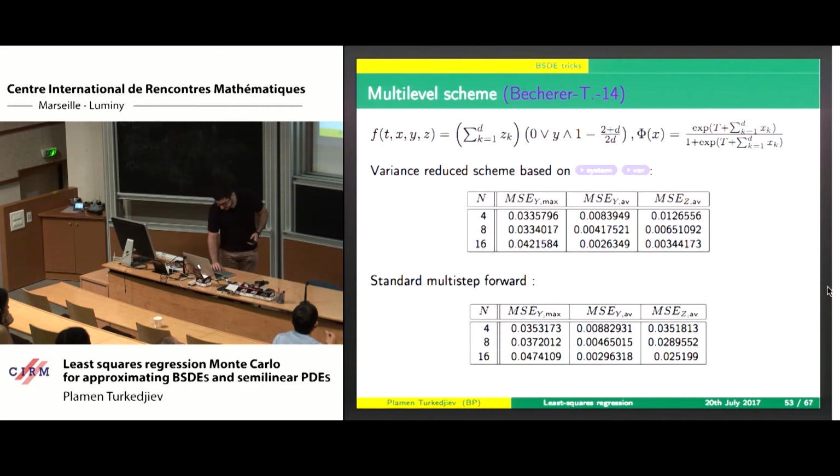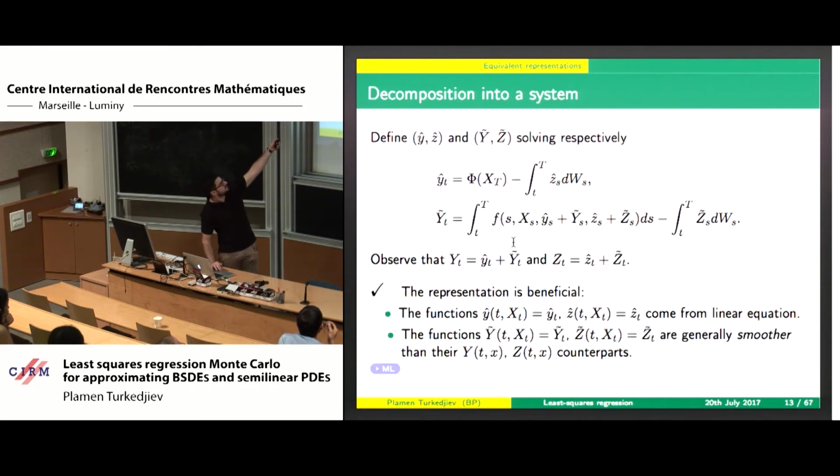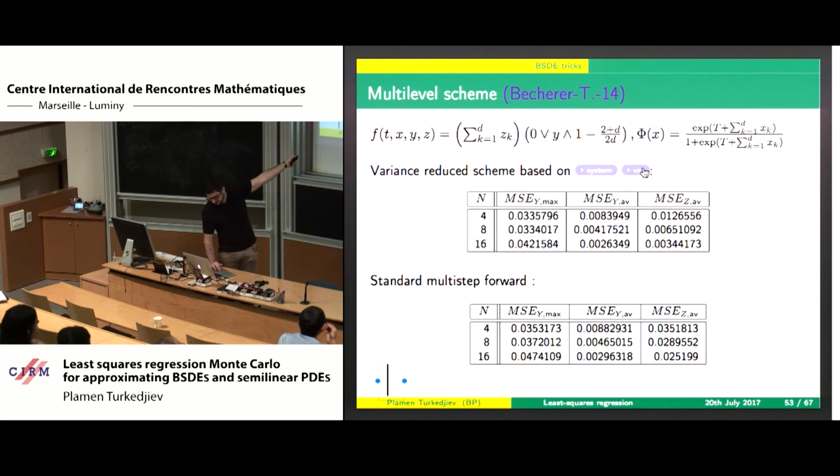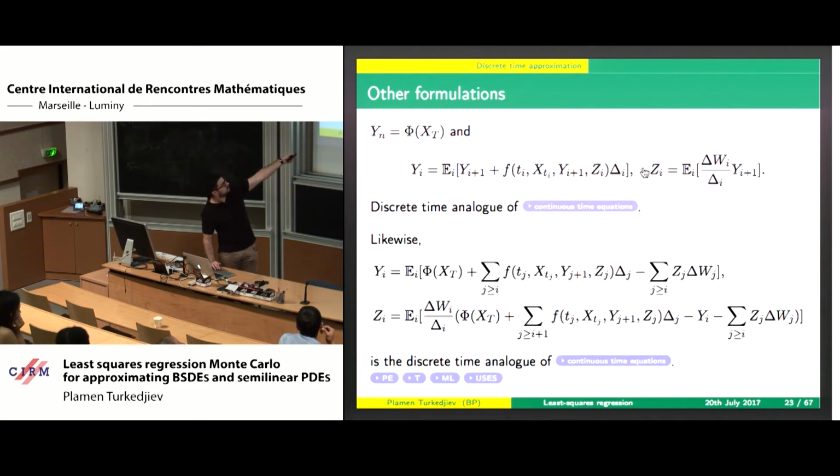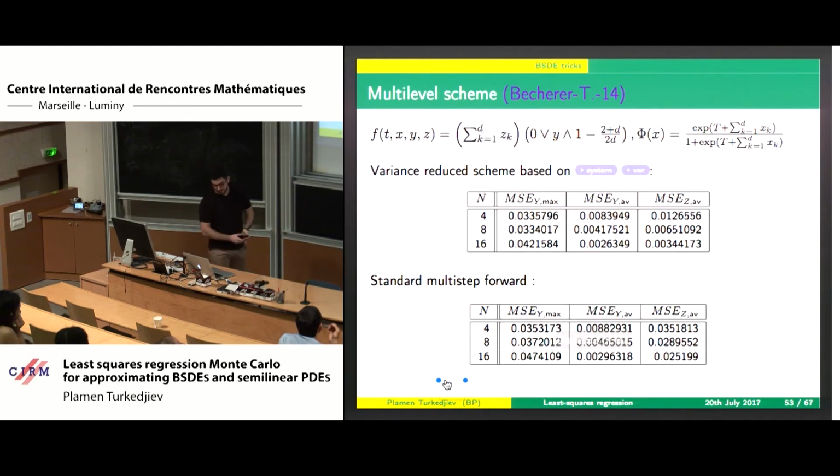It was basically a combination of this system of splitting into two BSDEs and this variance reduction technique here. And this is actually just a table of the mean square errors. What we saw, particularly for the Z's, is that the mean square errors were significantly lower when we used this scheme.